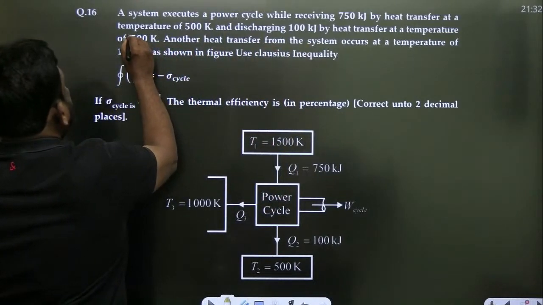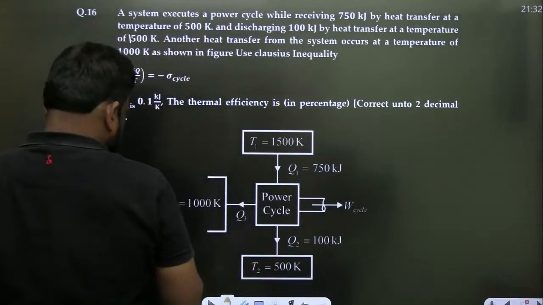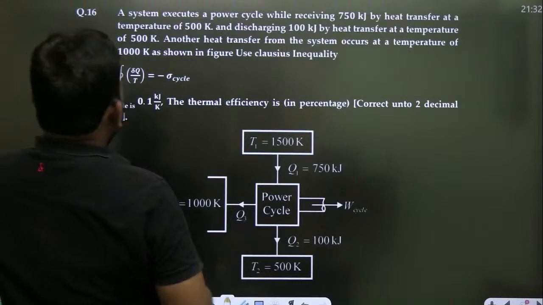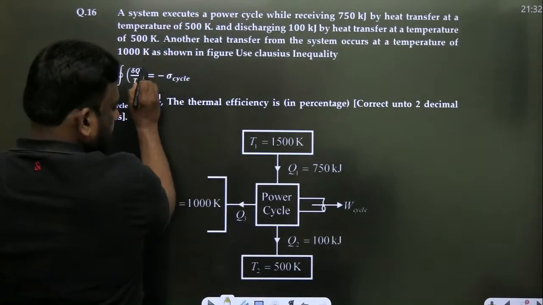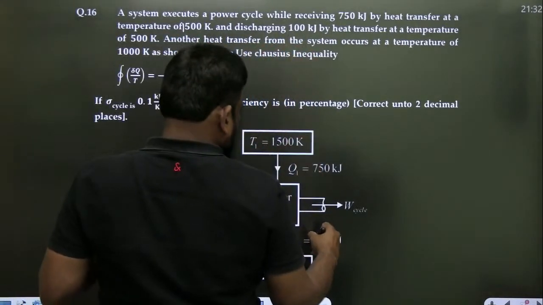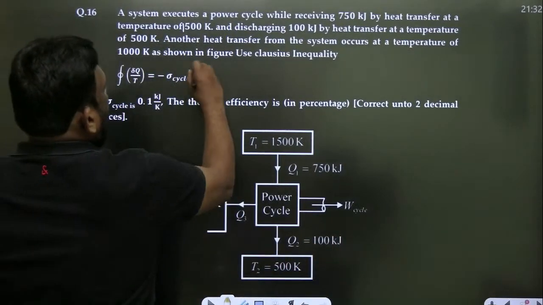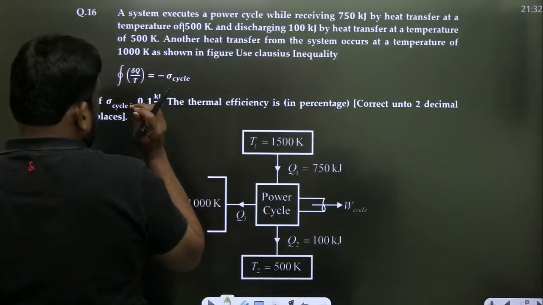Let me erase this. Temperature of 1500 and discharging 100 kilojoule by heat transfer at a temperature of 500. ठीक है. Another heat transfer in the system occurs at temperature of 1000. ठीक है. Shown.